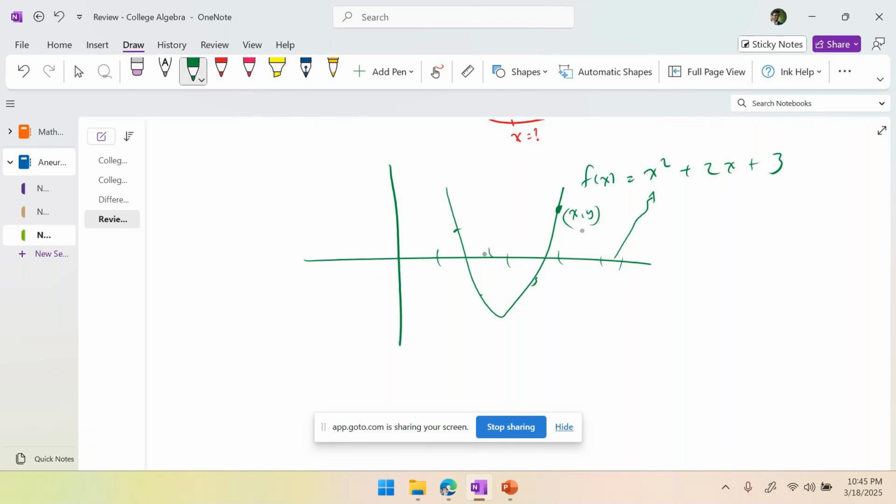So you get the x comma y coordinate, and you can do it for any given x, but it's better if you can choose some good numbers to avoid unnecessary simplifications. What I meant by that is, let's say you choose something like 10.798, you will have to substitute this value into this formula, which makes it a bit more difficult to simplify. So always try to pick some nice looking numbers like this.